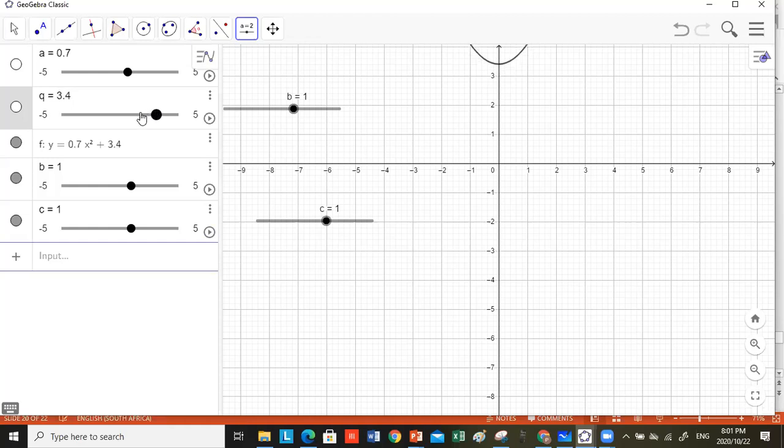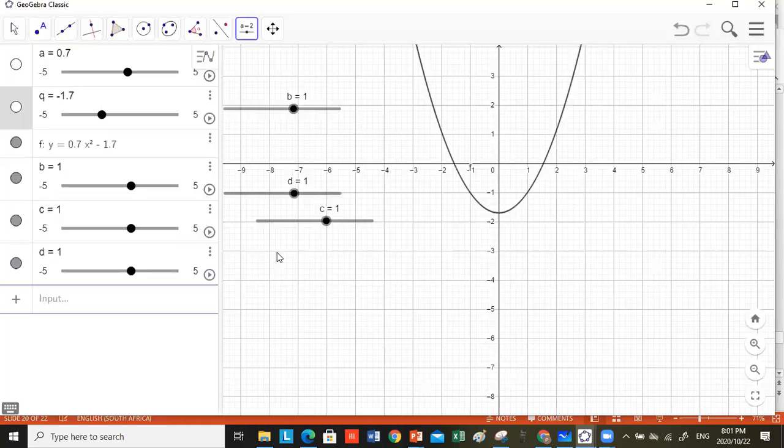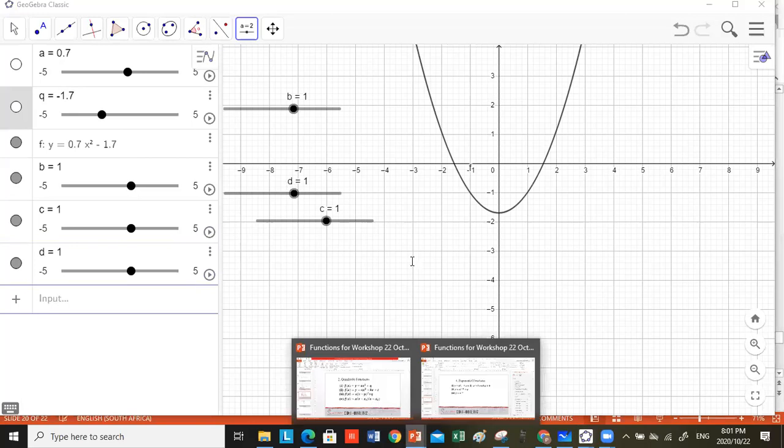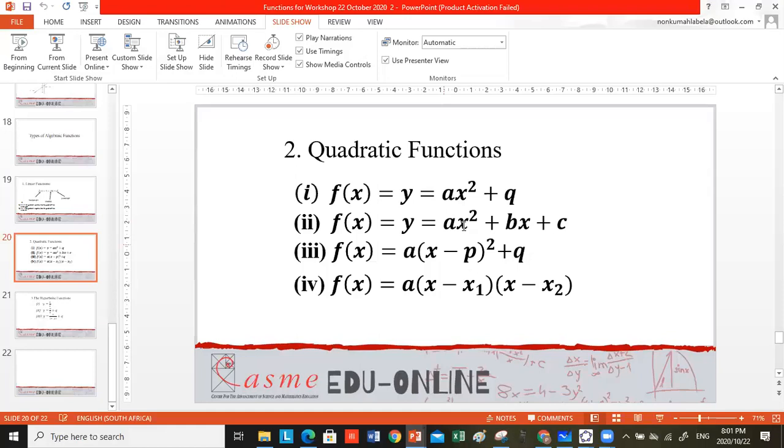If I'm decreasing my q, the function is moving downward. Right, so that is the function of ax squared plus q.